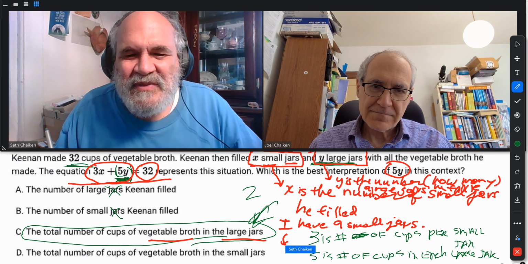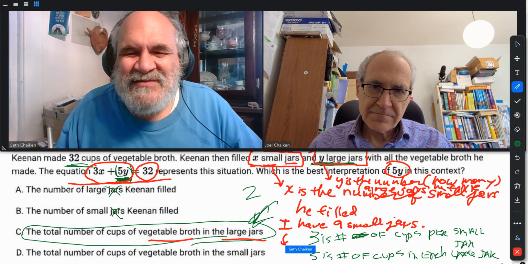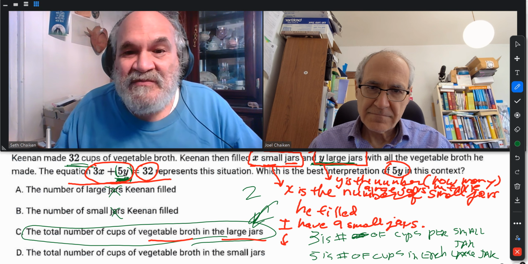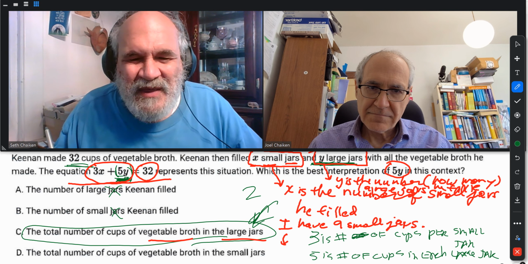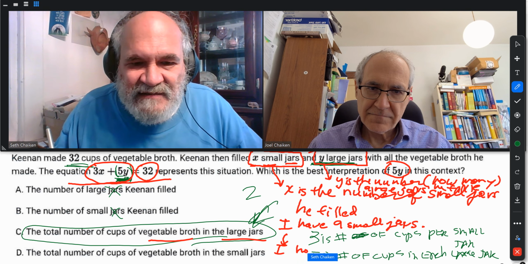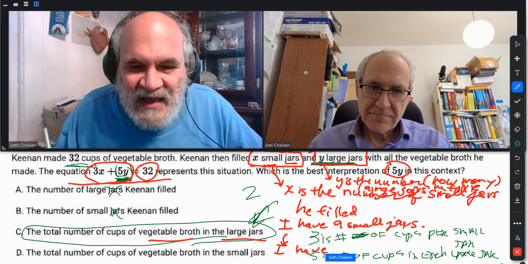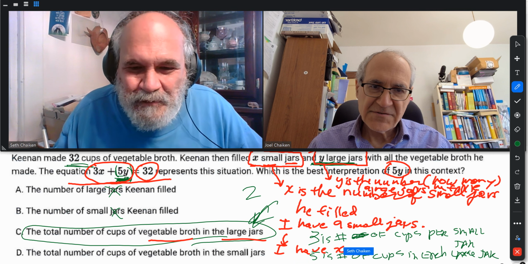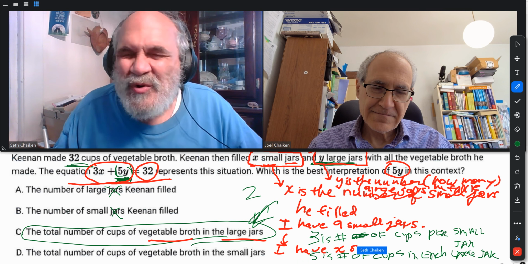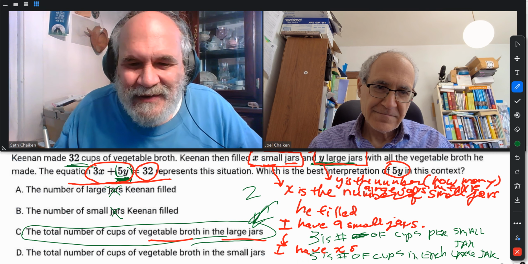And so then the progression of this sentence involving arithmetic, the progression to algebra is, I have X small jars.